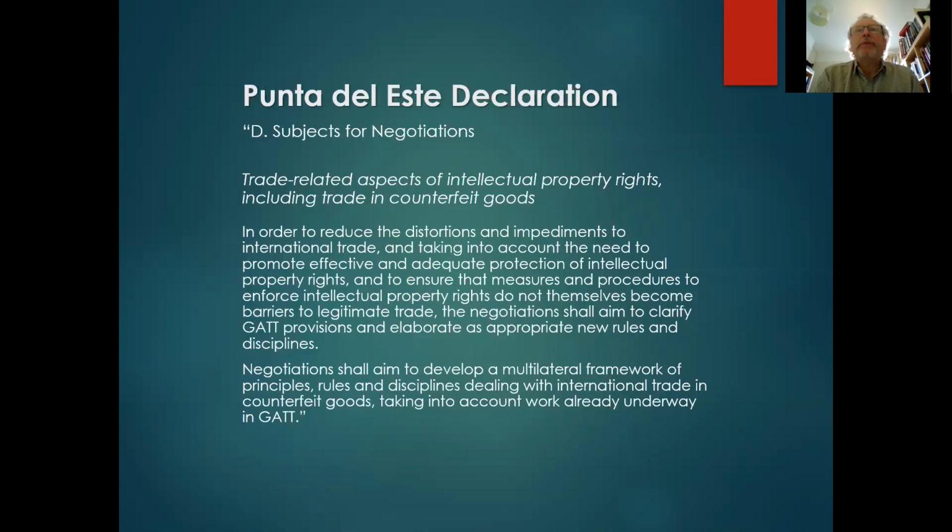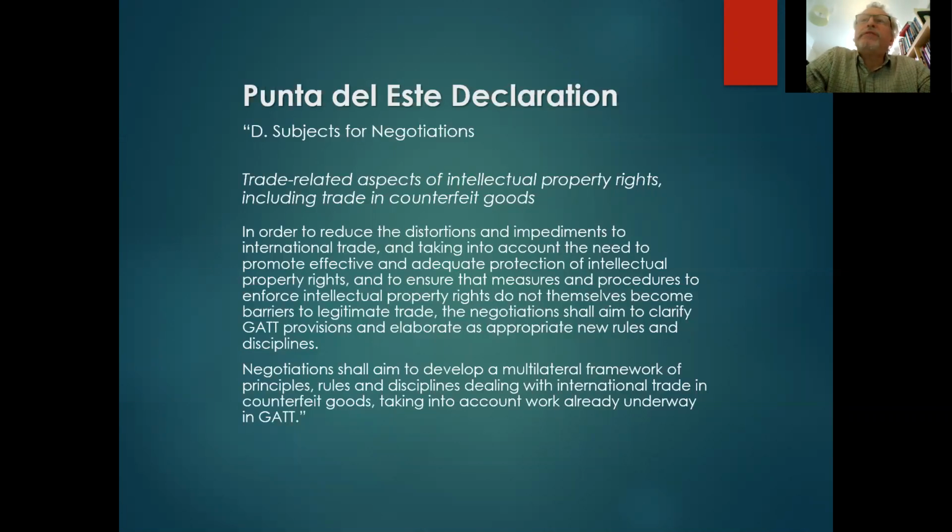So they had to make the argument that to raise global standards of protection, this was a trade issue.